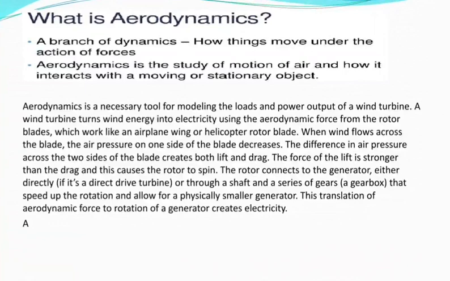The lift force is stronger than the drag, and hence it causes the rotor to spin. The rotor connects to the generator either directly or through a series of gears that speed up the rotation, which allows a physically smaller generator.